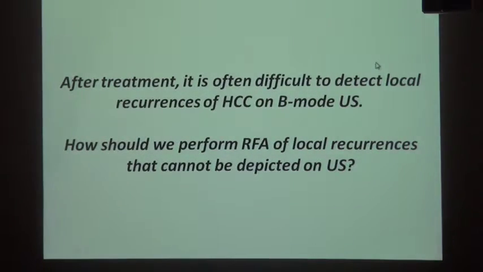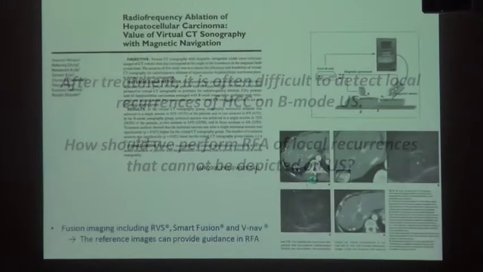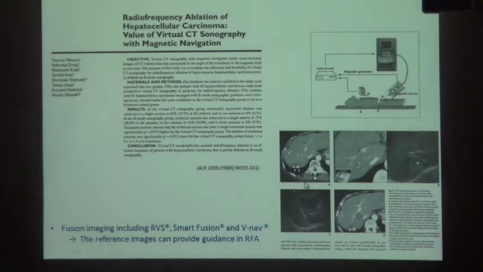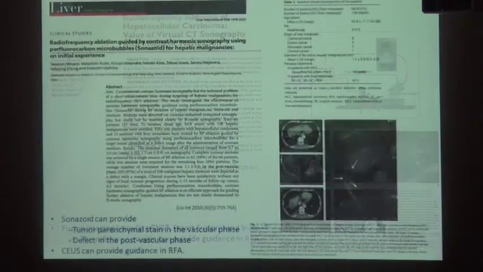After treatment, it is often difficult to detect local recurrences of HCC on B-mode US. How should we do RFA of local recurrences that cannot be detected on US? Fusion imaging guidance in RFA is one method. RFA guided by fusion imaging is an efficient treatment for HCC poorly defined on B-mode US.